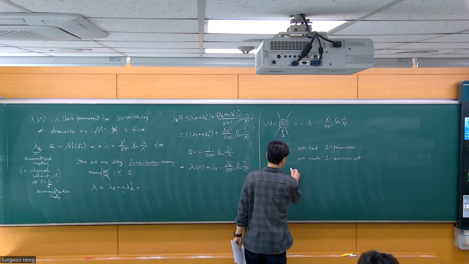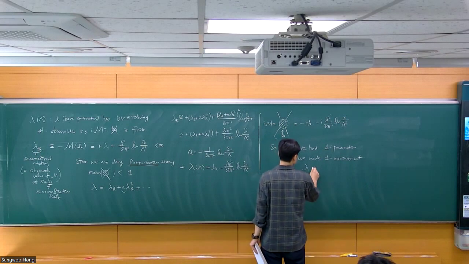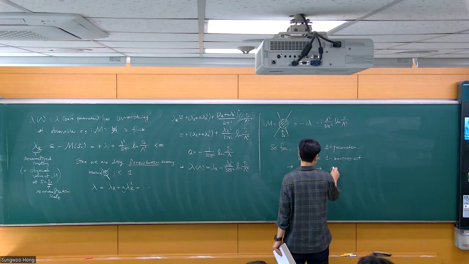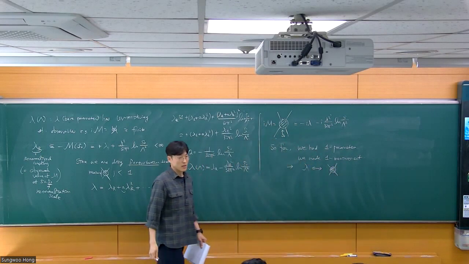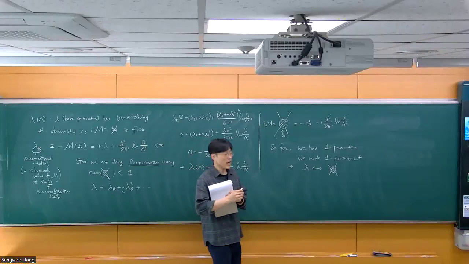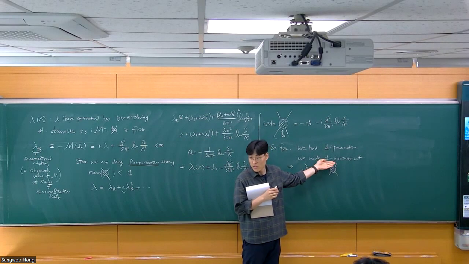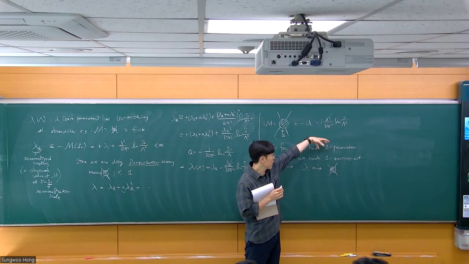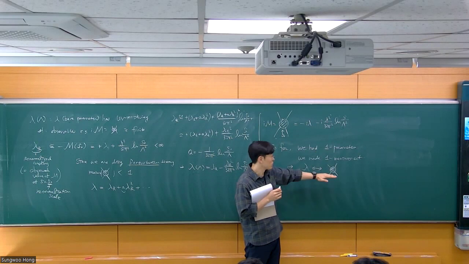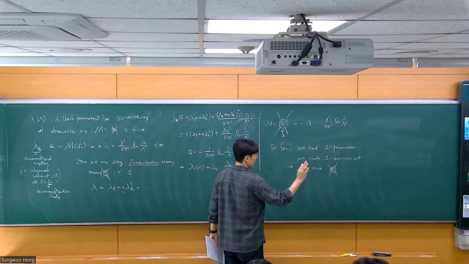So in this way, I related a parameter to an observation. You can consider general cases. Suppose you have a field theory with n parameters, and you want to make n independent observations, by which you fix those n parameters in terms of observables. Then, crucially, that's not the end.